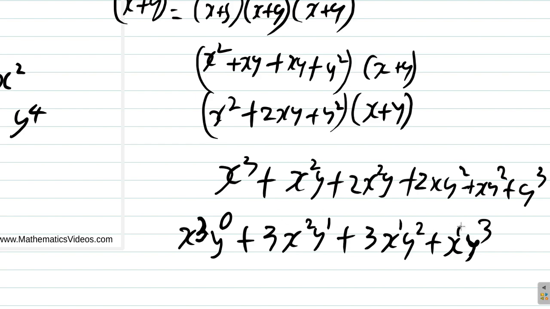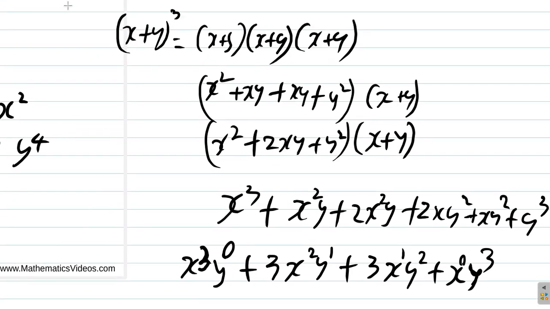You notice that the x, the one on the left, the power is the same as this power, and then it goes down one step at each point: 3, 2, 1, 0.